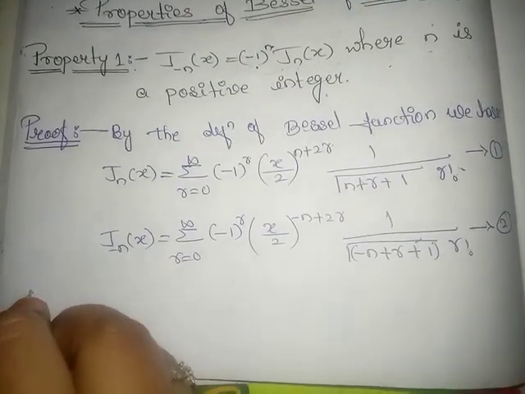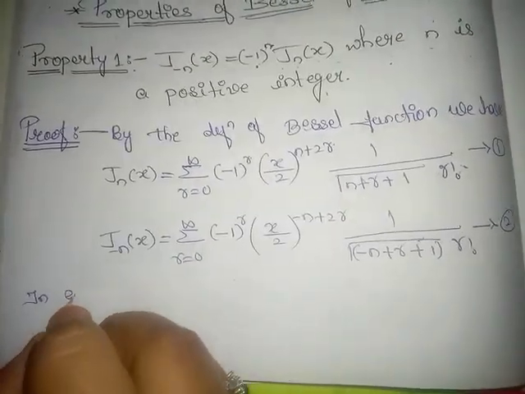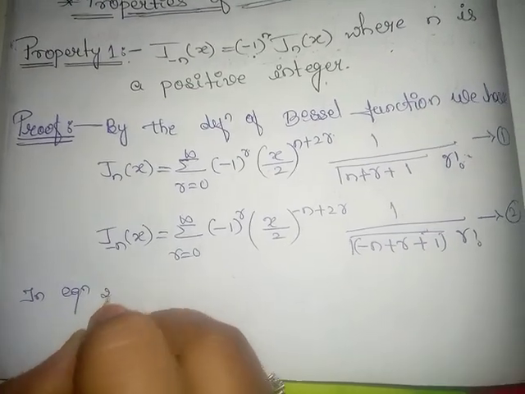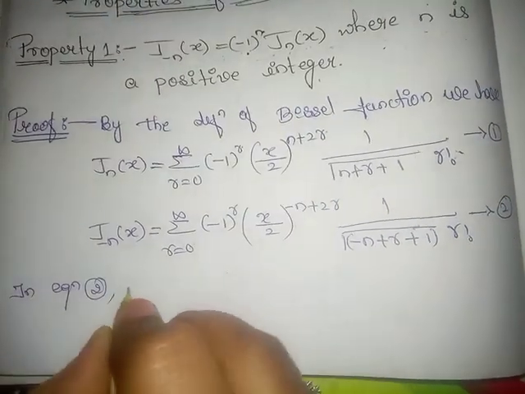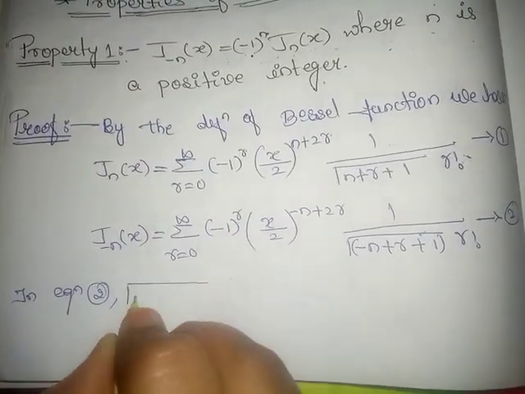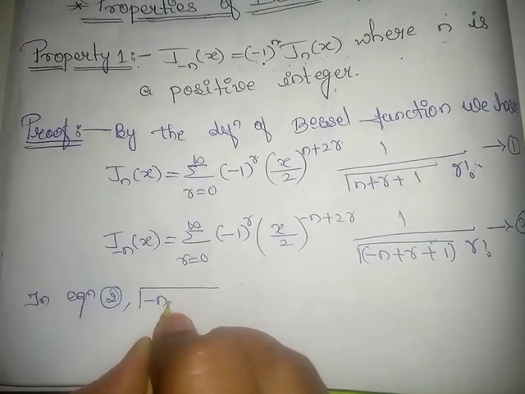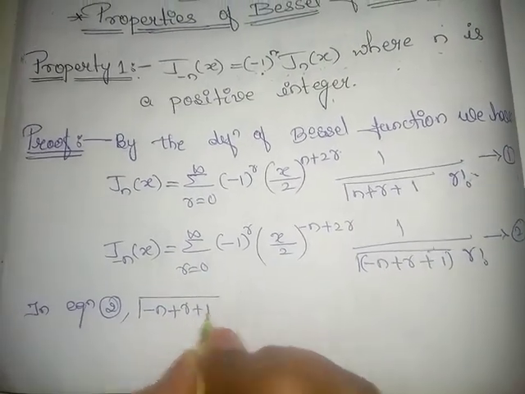In equation 2, we have gamma of minus n plus r plus 1.